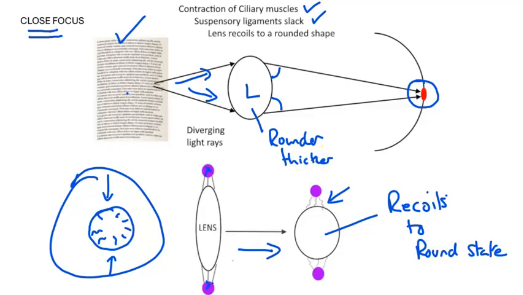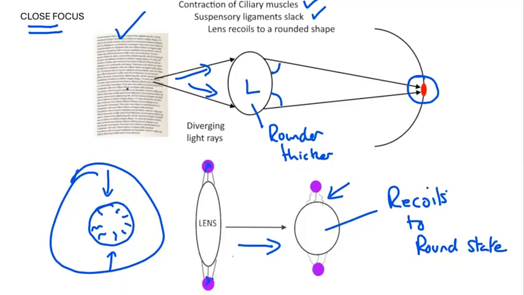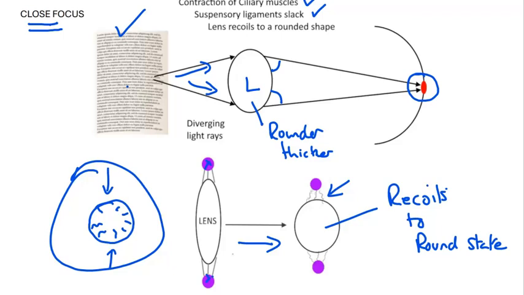In fact, the ability of the lens to return to its original round and thicker shape often declines later in life, so that as a person ages, the elasticity, the stretchiness of the lens is lost, and it no longer returns to this rounded shape. As a consequence of that, some people then require spectacles in order to assist the lens in still getting the focus onto the fovea.